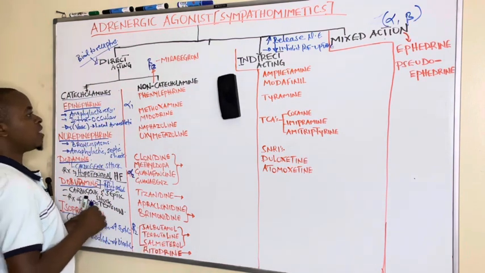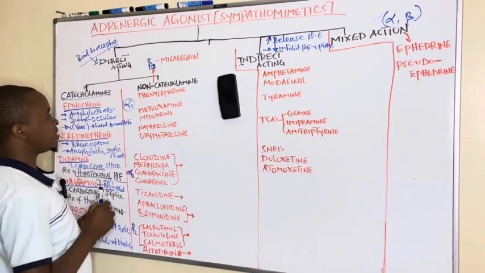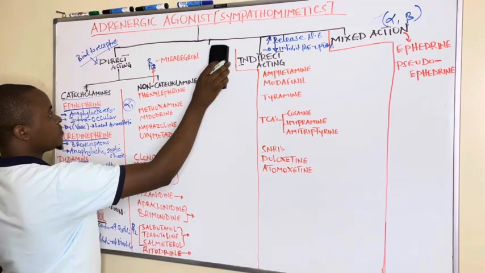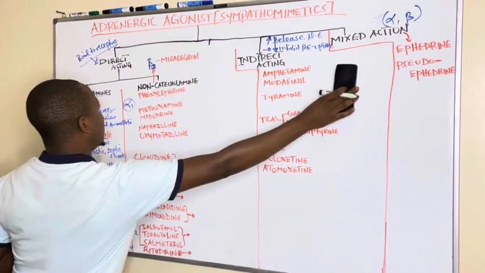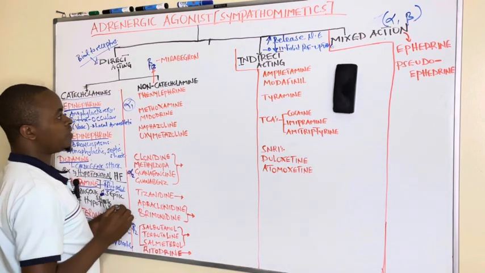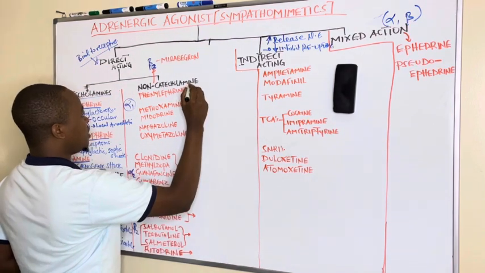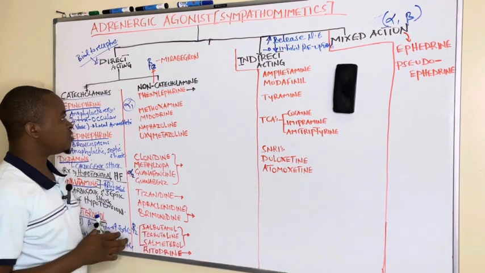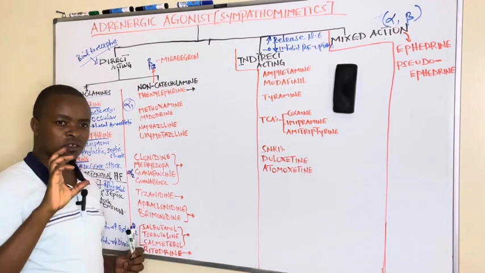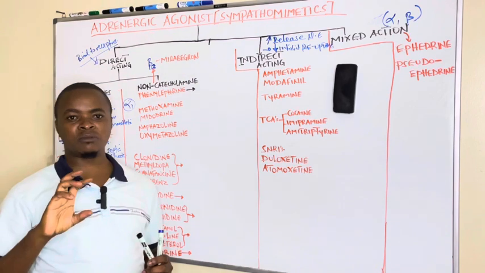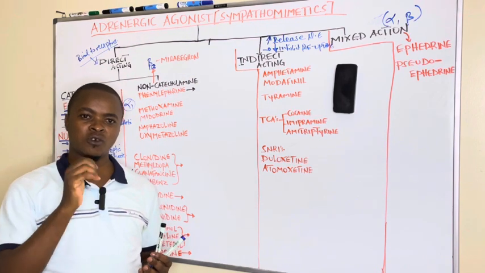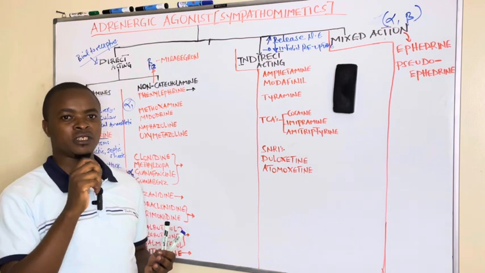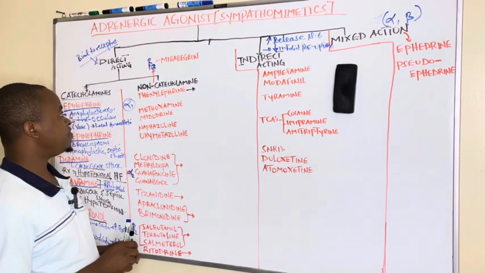And among the non-catecholamines, those which target alpha 1 receptors, and these ones are alpha selective, one of them is phenylephrine. And we know that neurotransmitters targeting alpha 1 receptors cause constriction or stimulation where they are found in the smooth muscles.